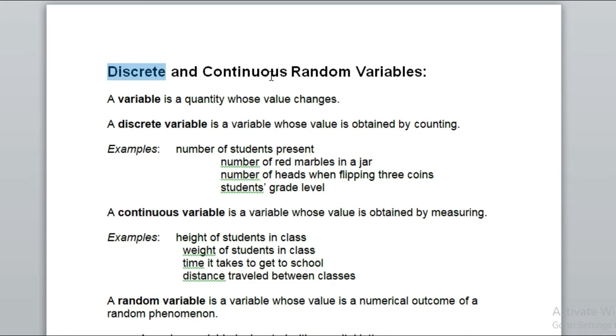A variable is a quantity whose value changes. First we are learning about this term, variable. We can say that a variable is one whose values vary from individual to individual and person to person.